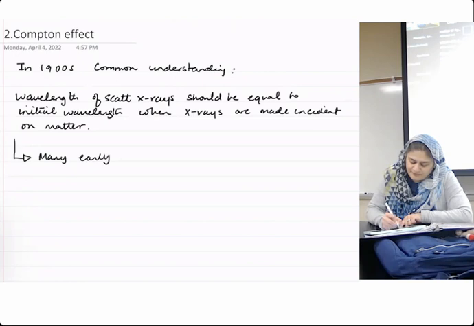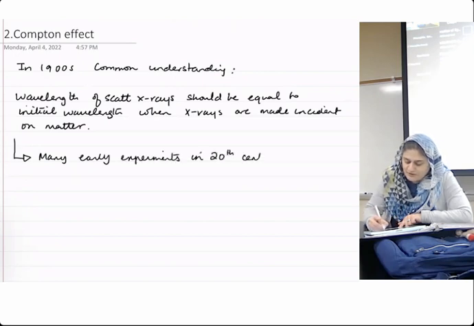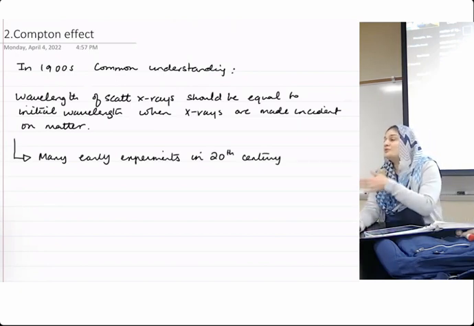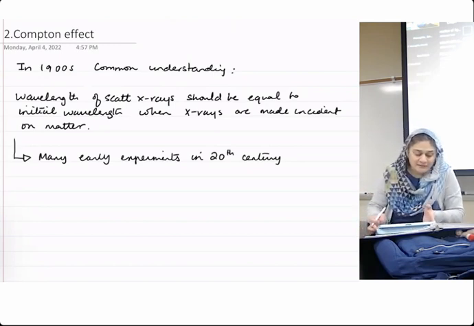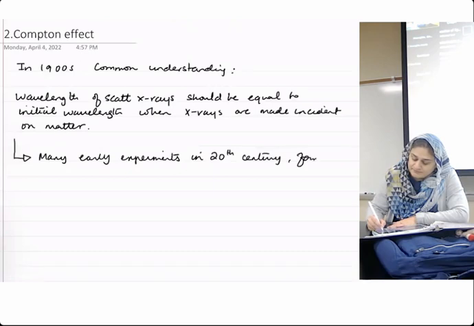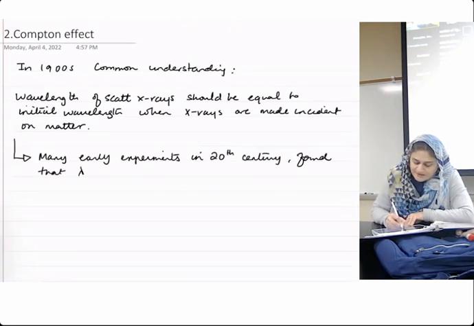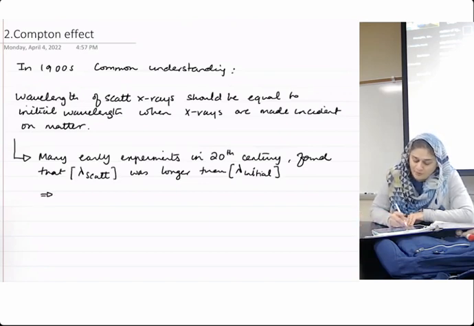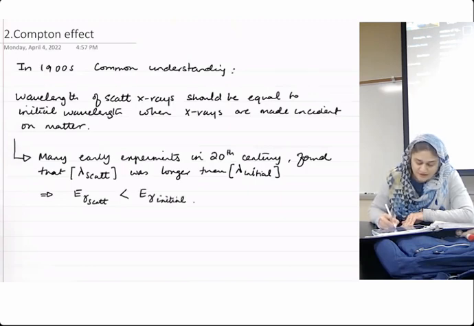So many early experiments in the 20th century, like 1900s to 1920s to 30s to 40s, what they were seeing is the scattered lambda was longer than initial lambda, which meant that the energy of the scattered lambda was lower than the energy of the initial.